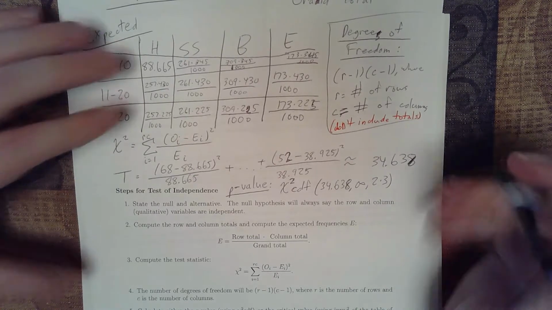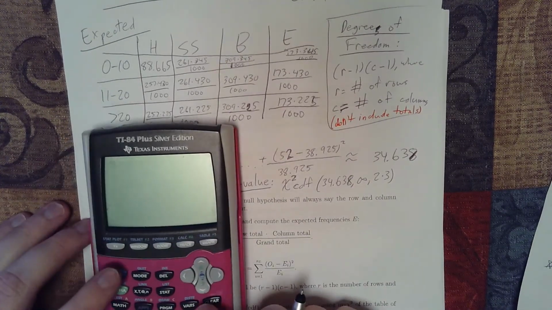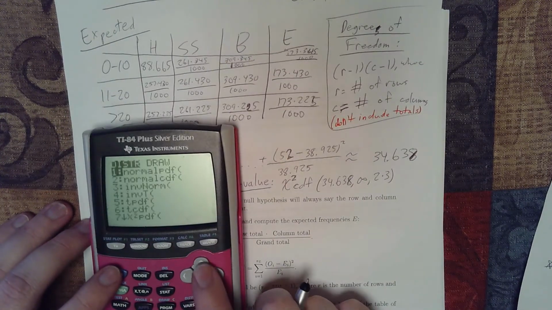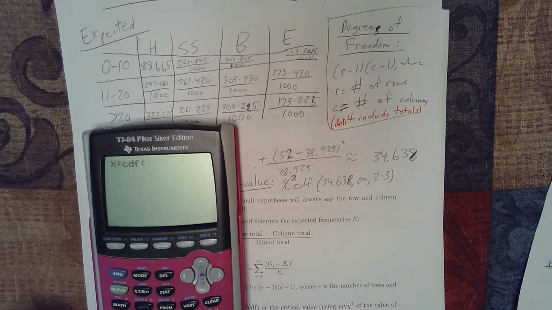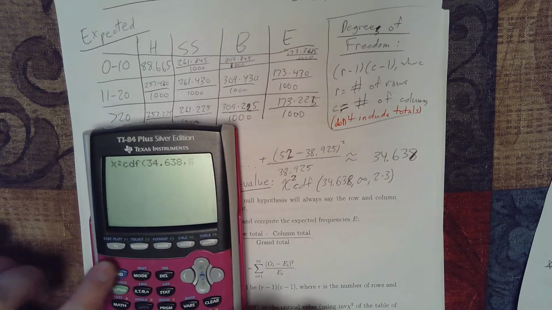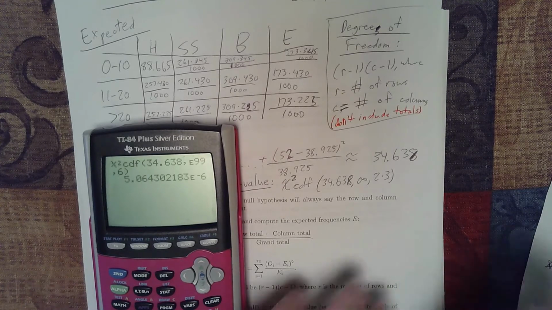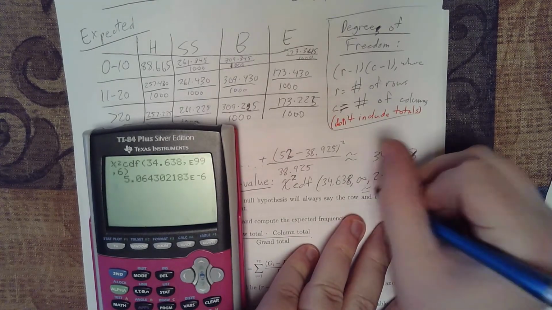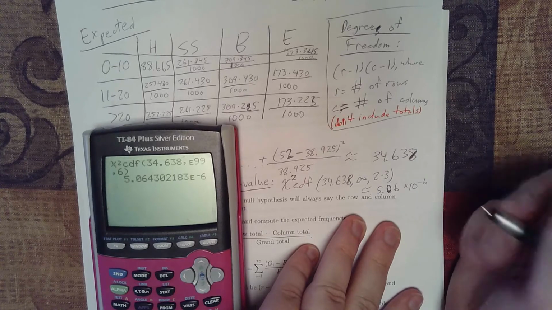Let's go ahead and put that in. Go to our distributions, find chi-squared CDF, put in 34.638, E9, and 6. We get roughly 5.06 times 10 to the negative 6.